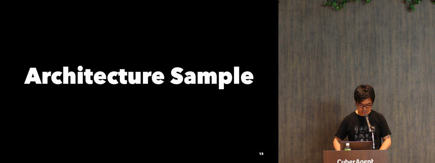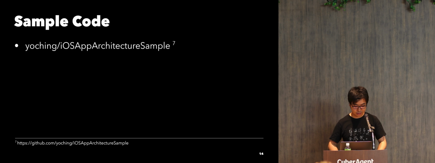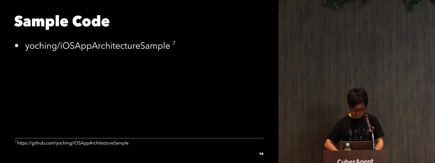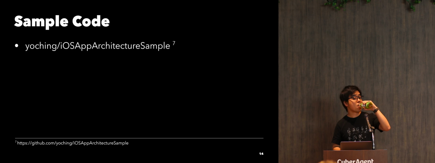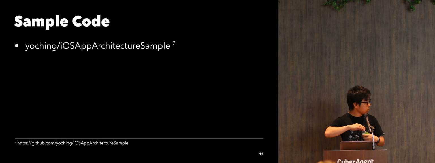Okay, so I want to show you an actual architecture sample. If you want to see it, it's on GitHub. I'm going to share. First, I'd like to show the behavior of the app.